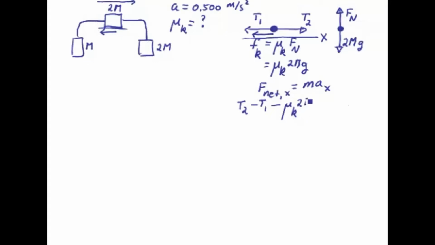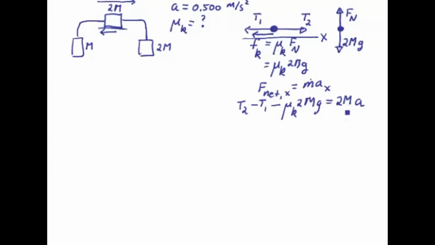And then we are going to subtract that from the coefficient of kinetic friction times 2mg, which was our force. And then that's going to equal the other side of the equation, which is the acceleration times the mass. So you have to have 2 times the mass. And then we have the acceleration in the x direction up here. So we know that piece also.